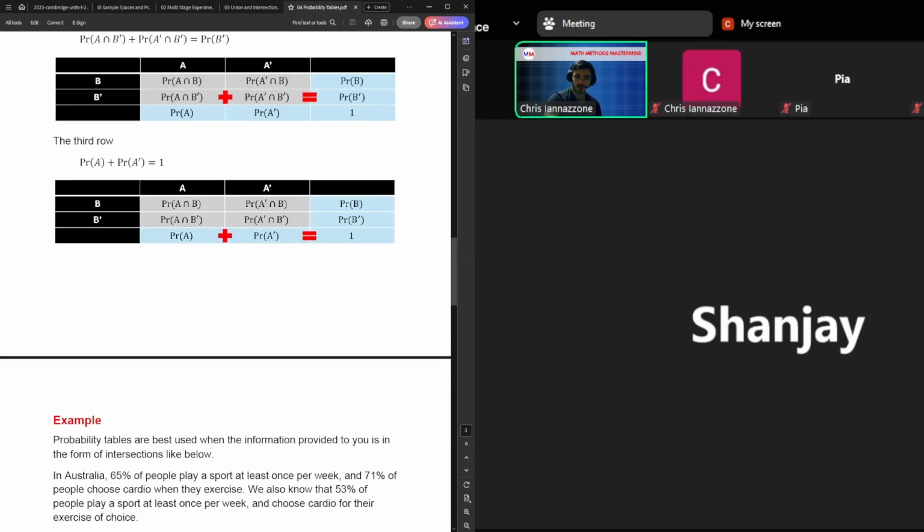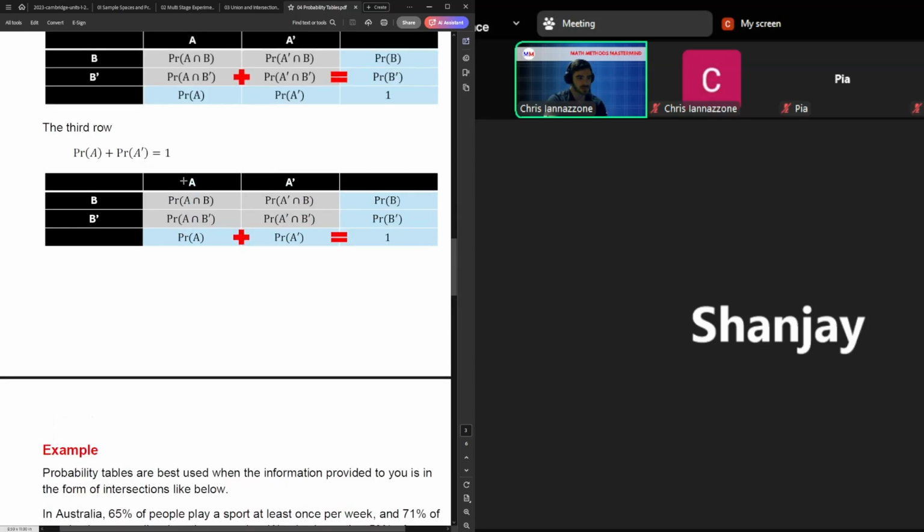So how you actually populate this is by understanding that everything in grey here is an intersection. If this is event A and this is event B, then the joining of those two is A intersection B, or we could call it B intersection A, whatever you want to say. Same thing over here.